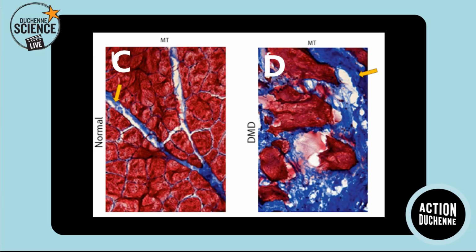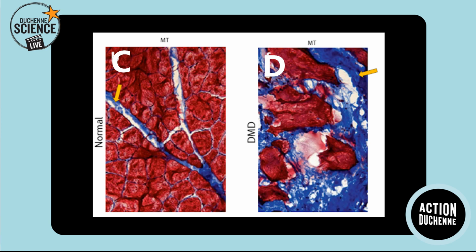So the second image that I'm showing you, which will be images C and D, on the left-hand side, you've again got a muscle cross-section from someone who does not have Duchenne muscular dystrophy. And on the right, you've got a cross-section of muscle from someone who has Duchenne muscular dystrophy. And here we are focused on connective tissue.